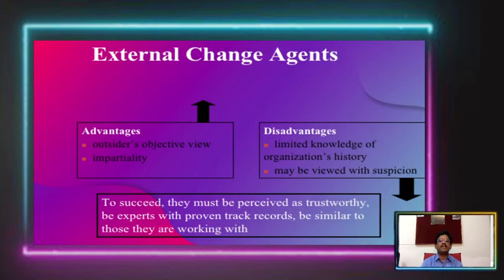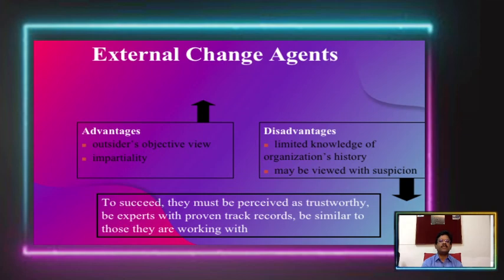When you look at the external change agent, the advantage is that outsiders are objective in view and impartial in bringing the changes. The disadvantage is limited knowledge of the organization's history, and they may be viewed with suspicion.